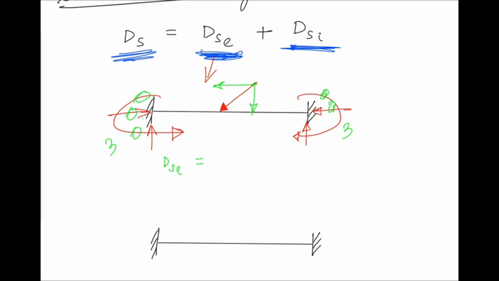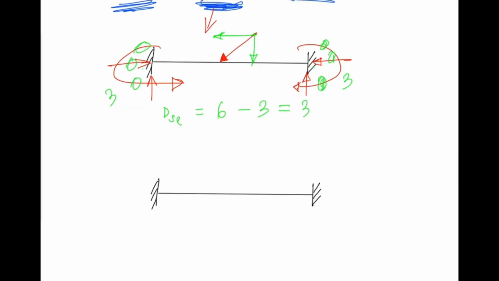So 3 plus 3, you have 6 in total, and since it is a 2D structure, you have three equations of equilibrium. So for this, the degree of external static indeterminacy is 3.